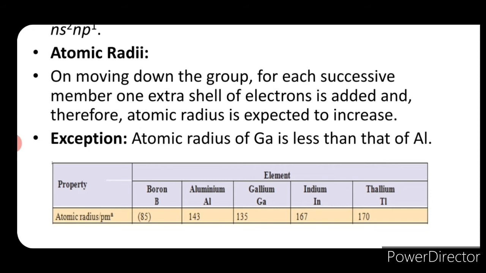But according to the general trend, the atomic radii increase on moving down the group due to the addition of extra shells. But here, in case of gallium, the atomic radius is slightly smaller than aluminium.